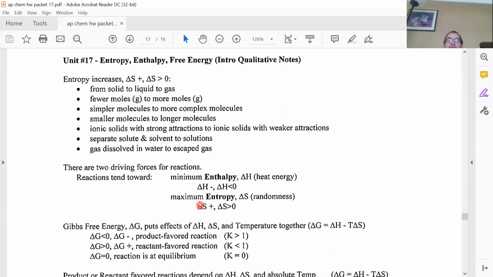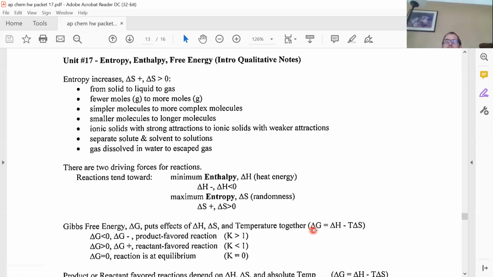But there is also this factor of entropy. Things also tend to become more disordered or more random. So we get delta H negative, which is exothermic, and delta S positive, which would be an increase in entropy. Gibbs free energy really puts those factors together, and we have an equation.